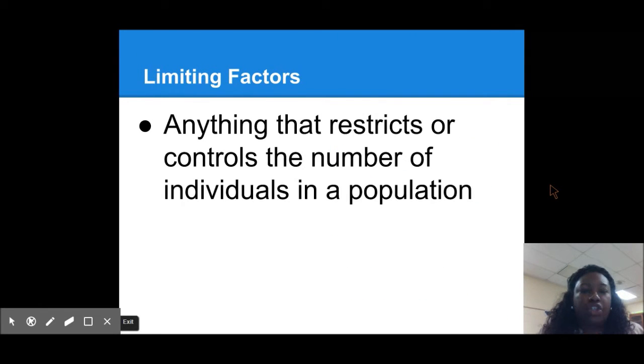Limiting factors: anything that restricts or controls the number of individuals in a population. Okay. So like I said, science is common sense. Look at the key term, limiting. It restricts the number, or controls the number of individuals in a population.